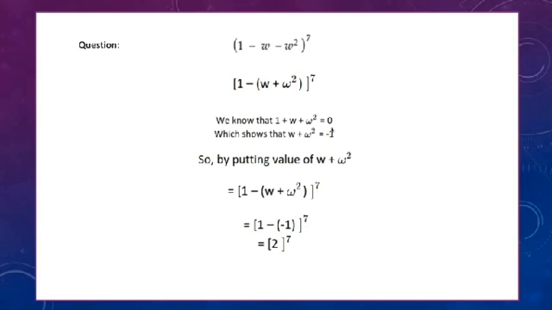Minus minus makes plus, so 1 plus 1 is 2. This is 2 raised to power 7, and 2 raised to power 7 is 128, which is your answer. So (1 minus omega square) raised to power 7 is equal to 128. This is our required answer.